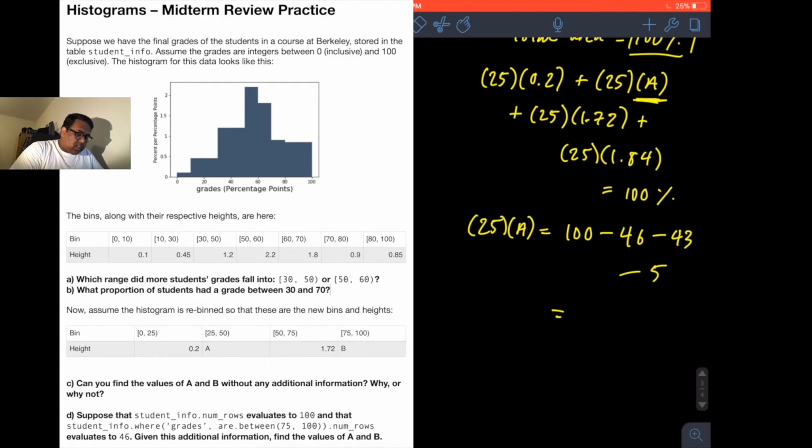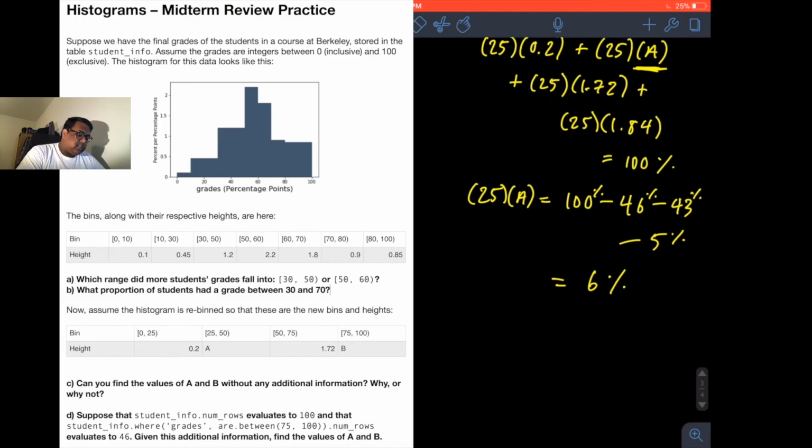So the proportion of values that fall into the bin for A is 100 minus 46 minus 43 minus 5, which is exactly 6%. So we know that 6% of the values lie between 25 and 50.